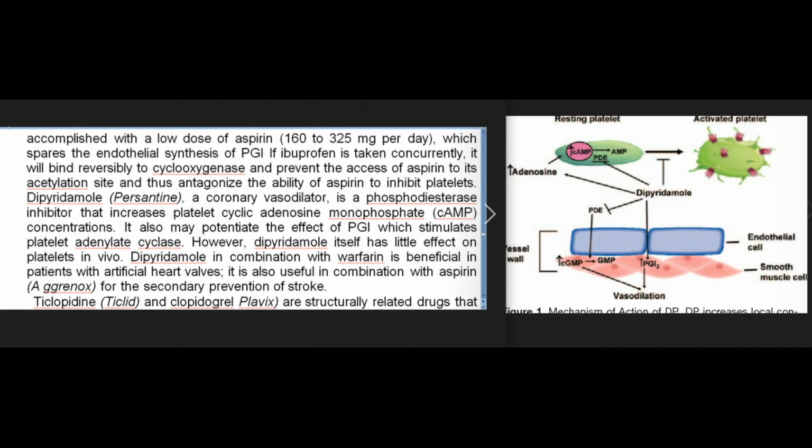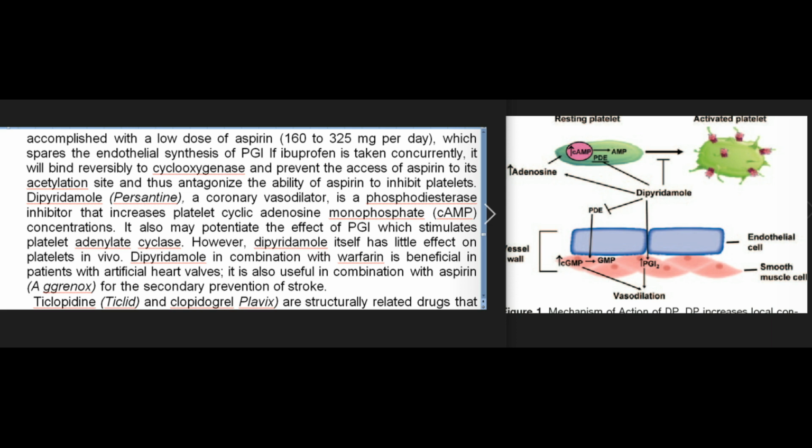This is accomplished with a low dose of aspirin, 160 to 325 mg per day, which spares the endothelial synthesis of PGI2. If ibuprofen is taken concurrently, it will bind reversibly to cyclooxygenase and prevent the access of aspirin to its acetylation site and thus antagonize the ability of aspirin to inhibit platelets.